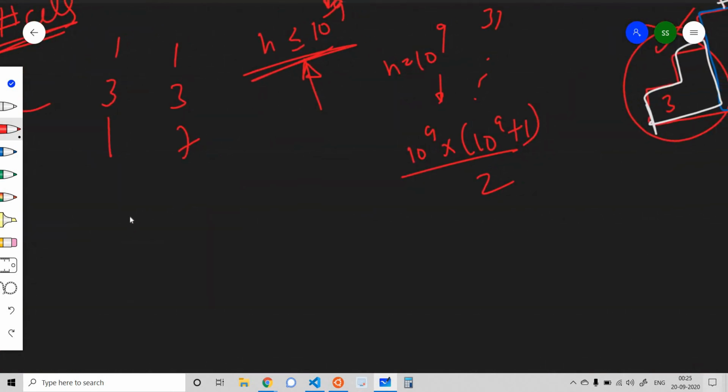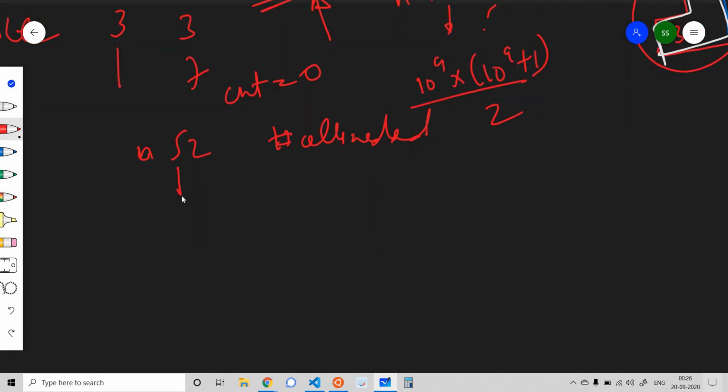Suppose this is n, this is size, and this is the number of cells needed. Initially we'll maintain a count equal to 0, and we'll keep on traversing our vector, which is called nice, and we'll keep on adding the cells needed.